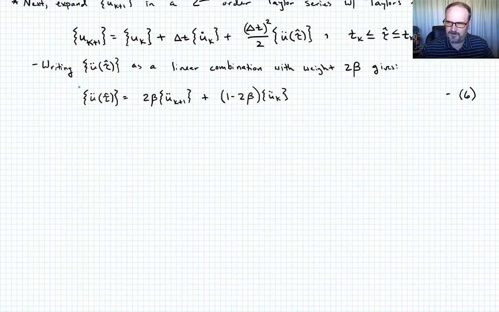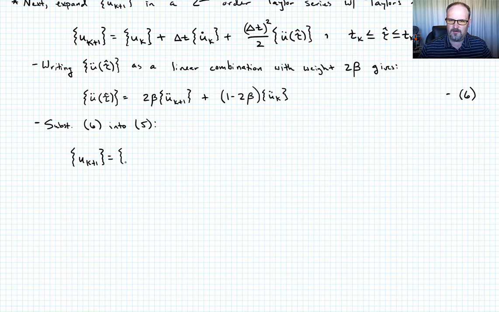So now we're going to substitute 6 into 5. And when we do that, we can then write that u of k plus 1 is equal to u of k plus delta t times u dot of k, right?